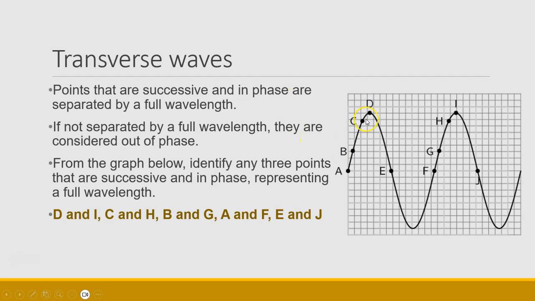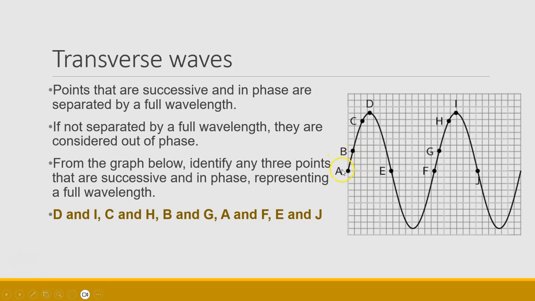If I consider C and D, those 2 points are out of phase. C and I would also be considered out of phase. E and G would be considered out of phase. If I consider point A to point F, that represents a full wavelength, a full cycle.